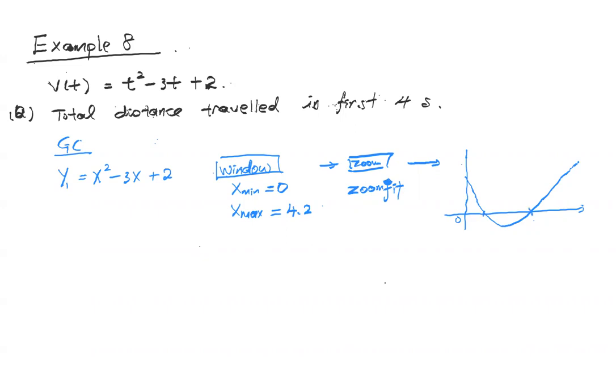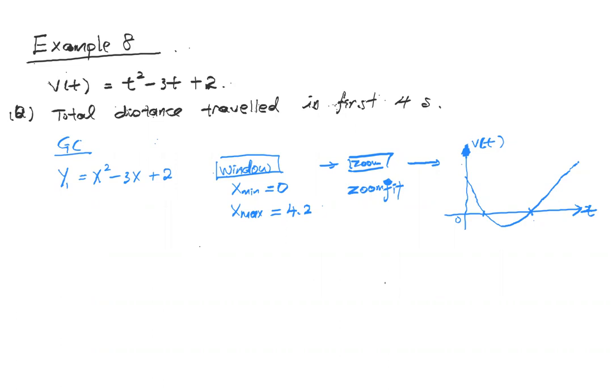Can you please find the 2 points using your graphic calculator? I try to minimize your algebraic calculation, so use your graphic calculator to help you. Is it 1 and 2?